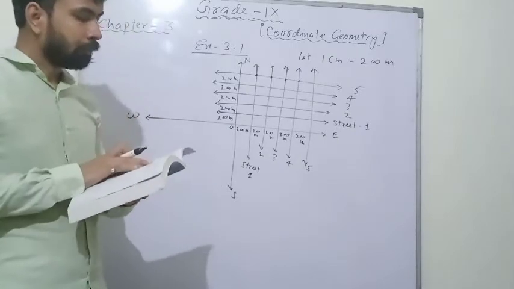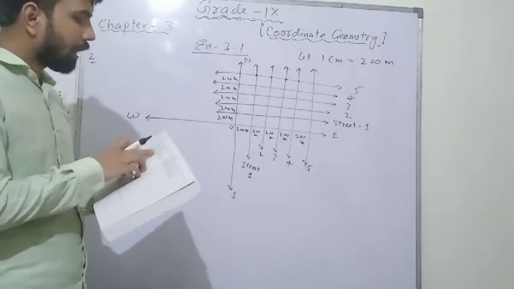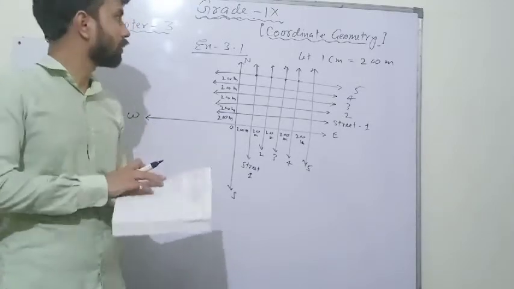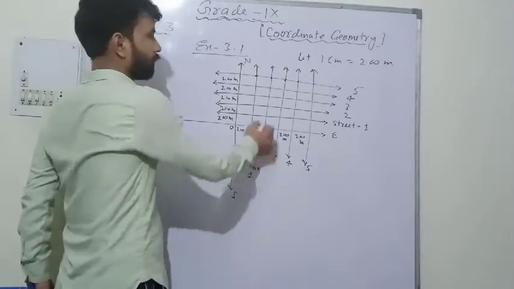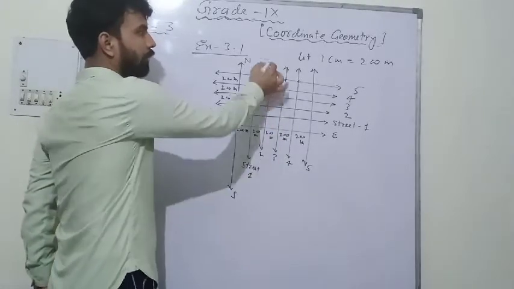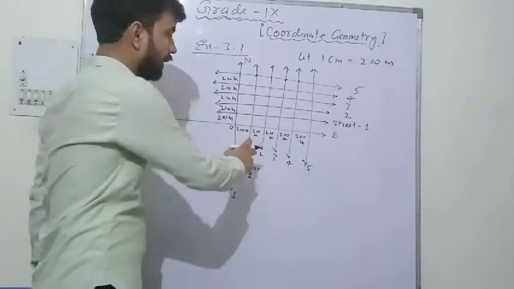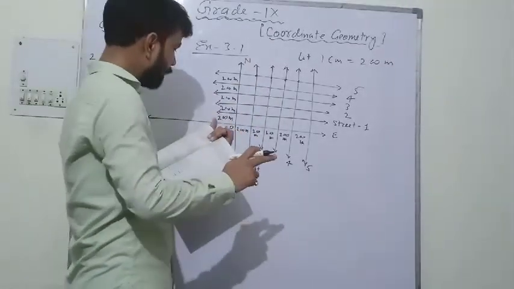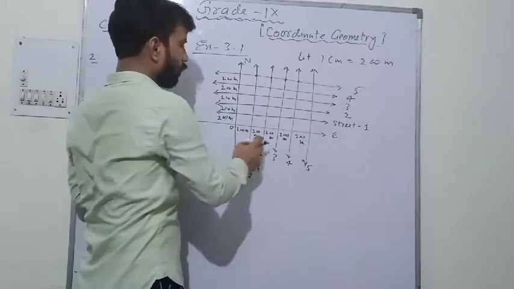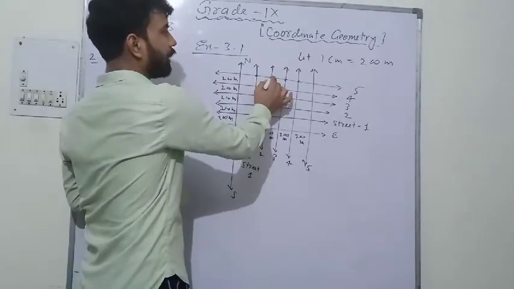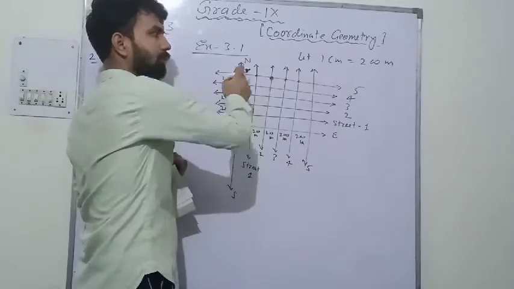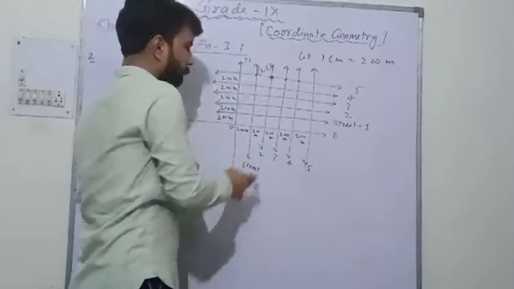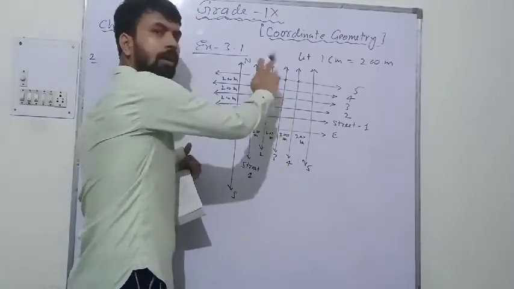We consider the second street in the north-south direction as the first point, and the fifth street in the east-west direction. Their intersection point is here, so it is considered as 2, 5.